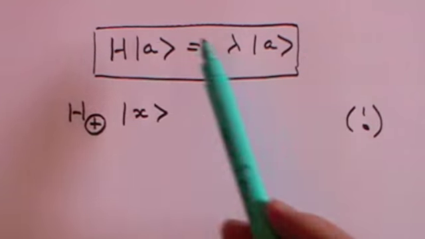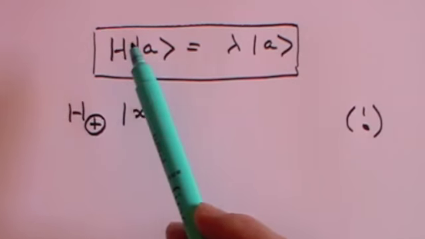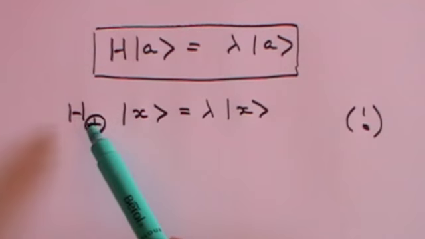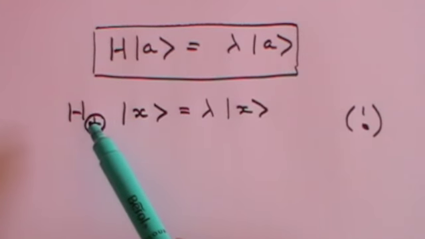Now what I am asserting is that if you've got a Hermitian matrix acting on a vector, you will get the same vector multiplied by a number. So we expect to get a number multiplied by X. And the question is, do we do so? Well, I will need to tell you what this matrix is. Again, I'm not going to derive it, but we will illustrate a derivation of it later on.